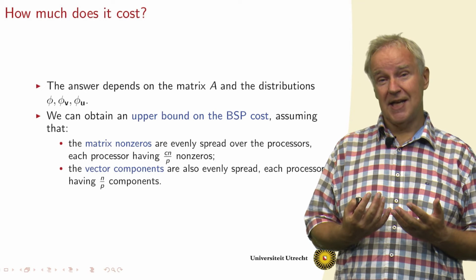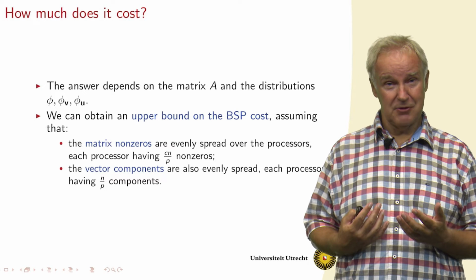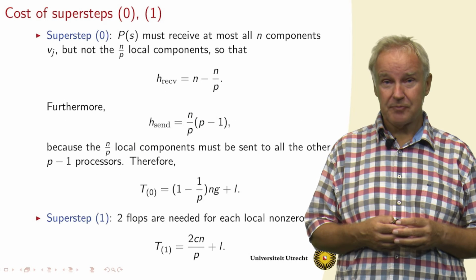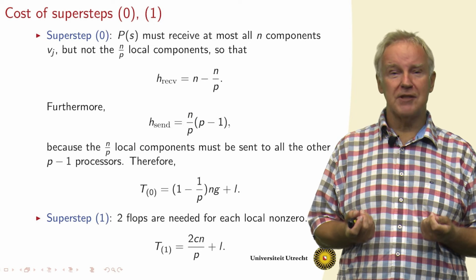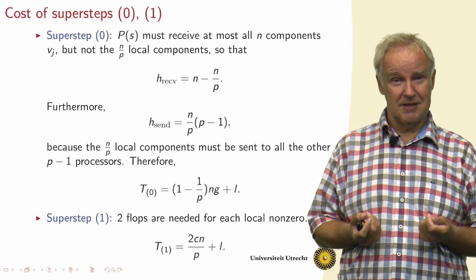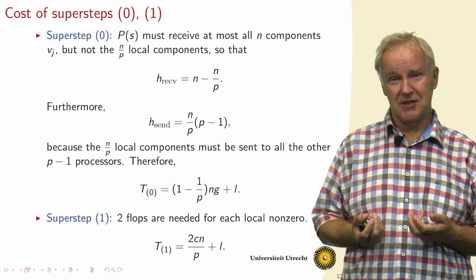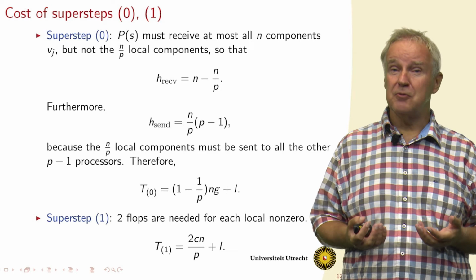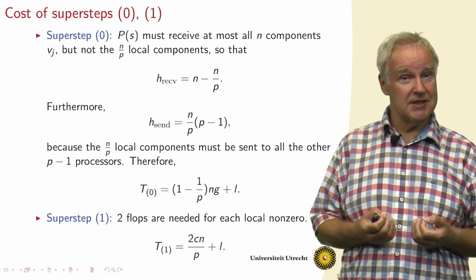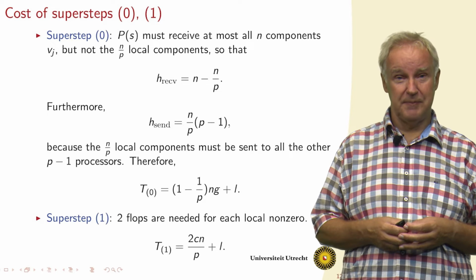And then we can analyze the 4 steps of our algorithm, the 4 supersteps. So superstep 0, in the worst case, you need all vector components, except, of course, the ones that you already have stored locally, n divided by p. So what you need to receive in the worst case is n minus n over p.